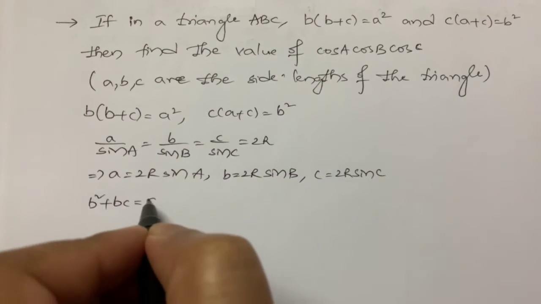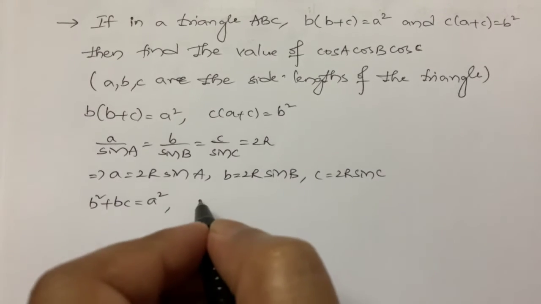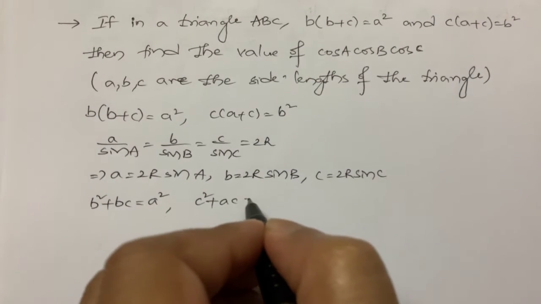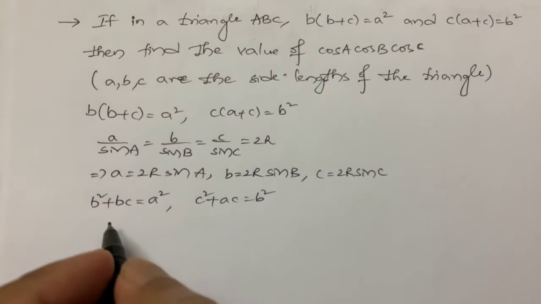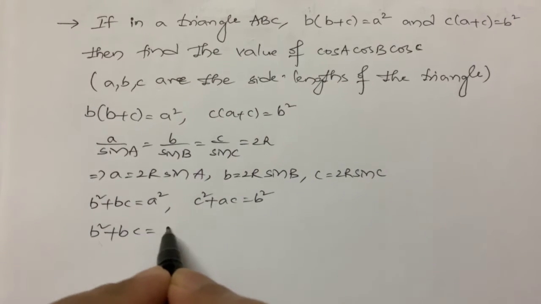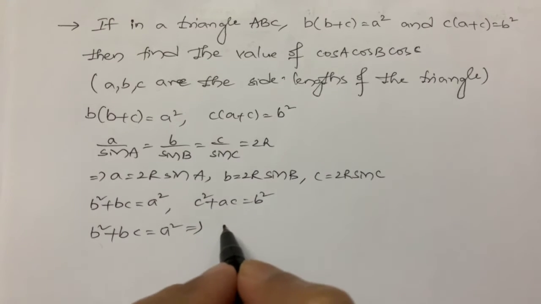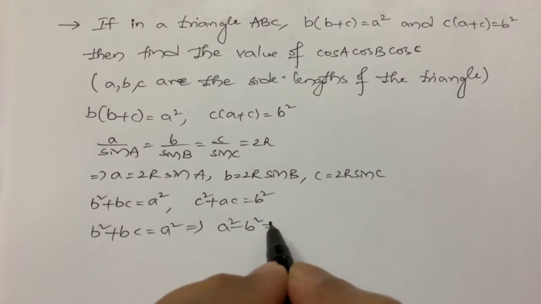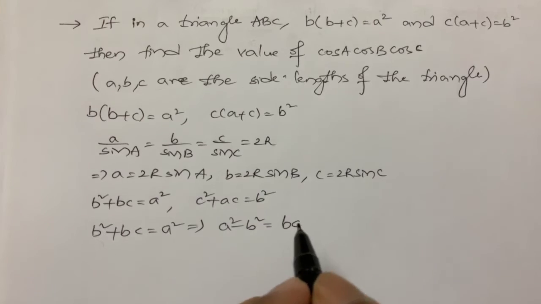b² + bc = a² and c² + ac = b². So first, let's solve the equation b² + bc = a². If I bring b² to the RHS, a² - b² = bc.